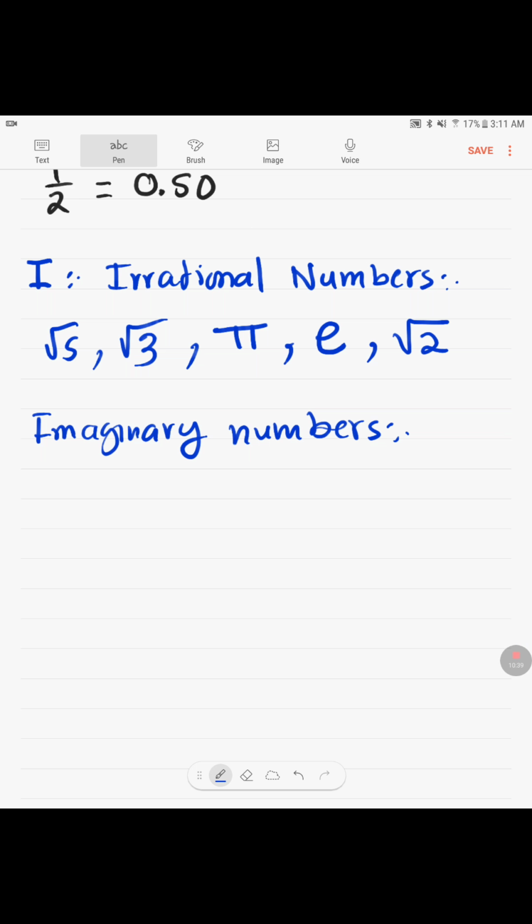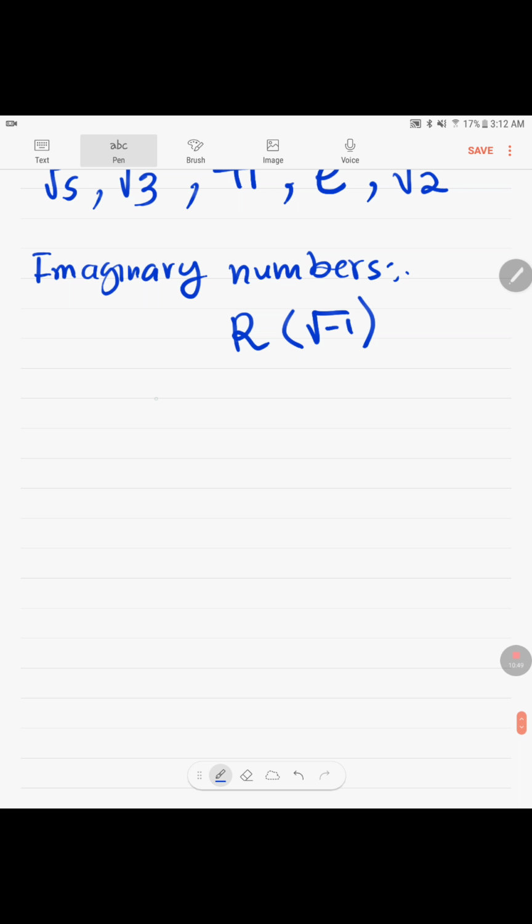So we could take all real numbers and multiply them by the square root of -1, and they will form imaginary numbers. And the square root of -1 in imaginary numbers is called i. So any number that has an i next to it, or multiplied by i, is called an imaginary number.